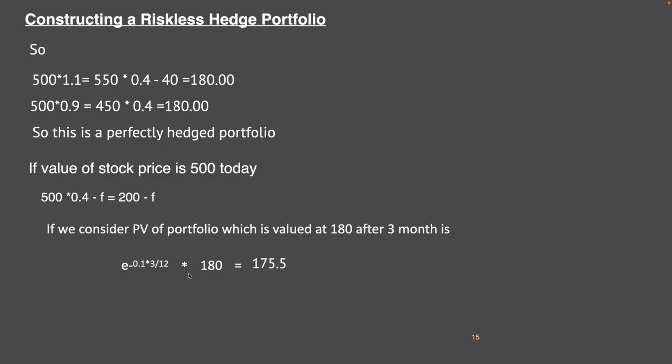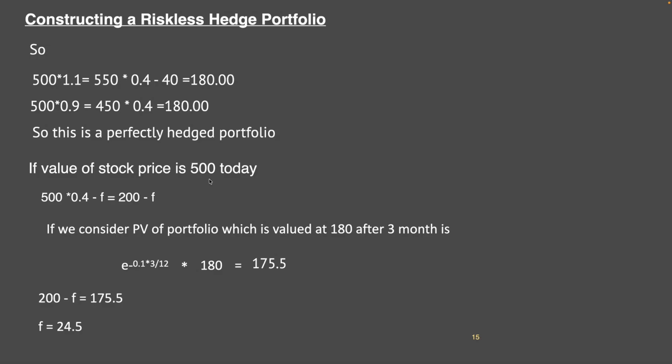Because it is after 3 months. The value of 180 will be 175.5. So 200 minus F will be 175.5. So the price of the option at the start will be 24.5. So what are we doing here?